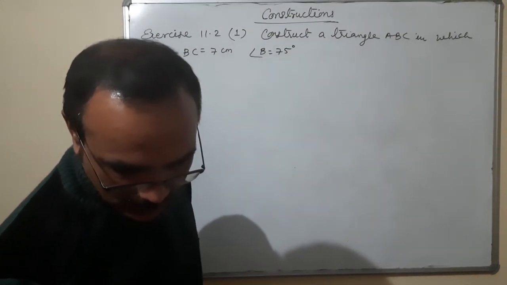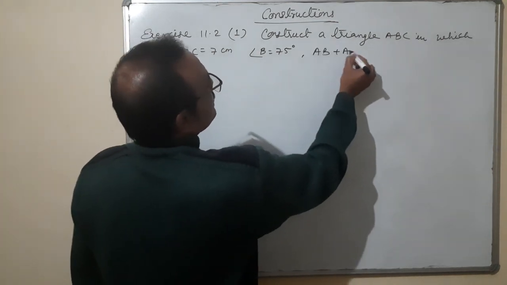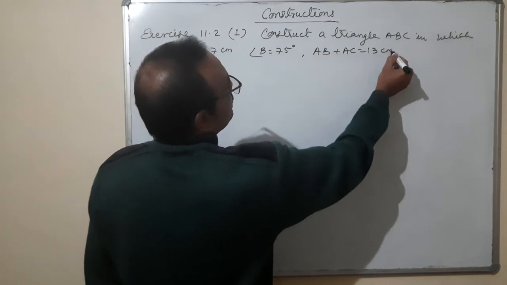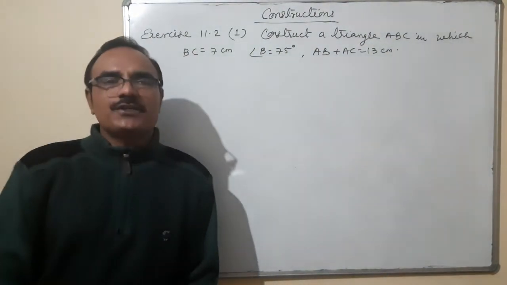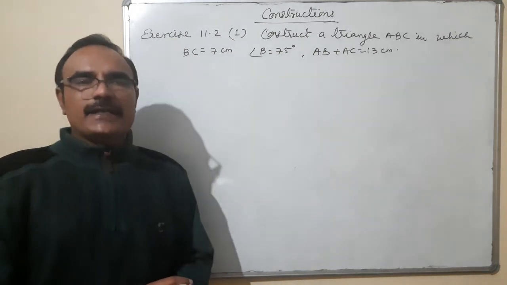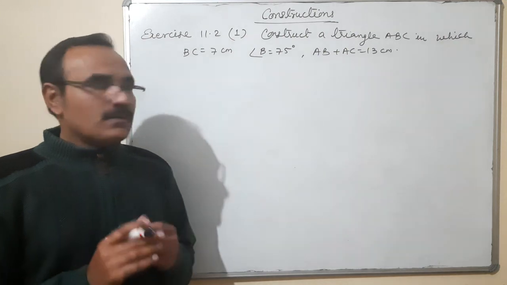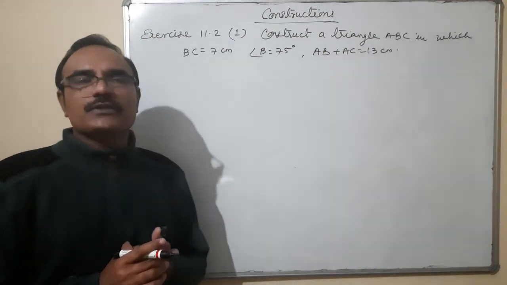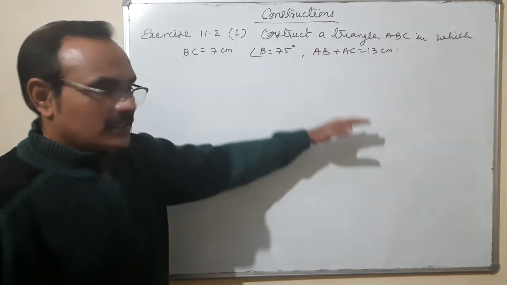AB plus AC is equal to 13 centimeter. So, BC, one side, is given as 7 centimeter, one angle is given, B is 75 degrees, and the sum of two sides AB plus AC is equal to 13 centimeter. Okay, so it is a very interesting construction.